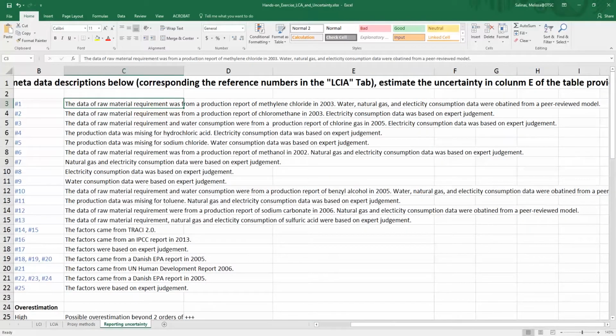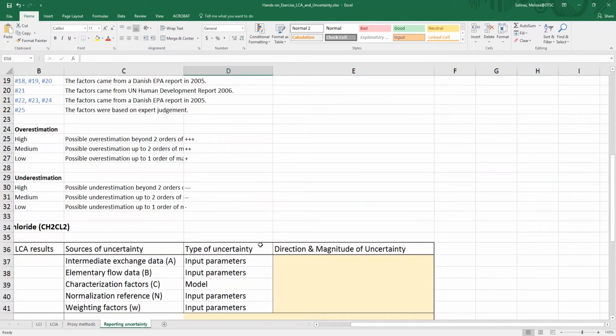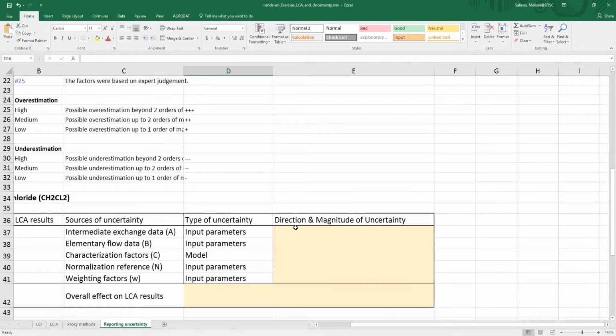Similarly, we have descriptors for the second process, third process, etc., and there are descriptors for the characterization factors. The problem that we have here is the uncertainty of the final result.